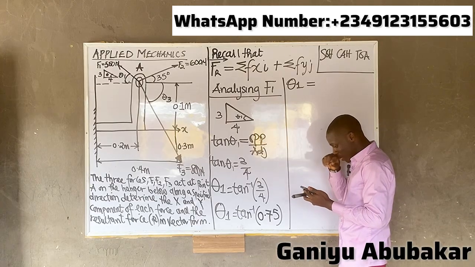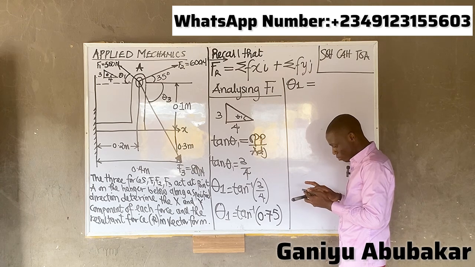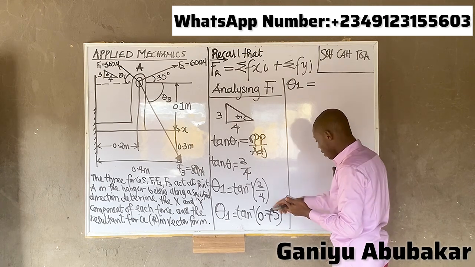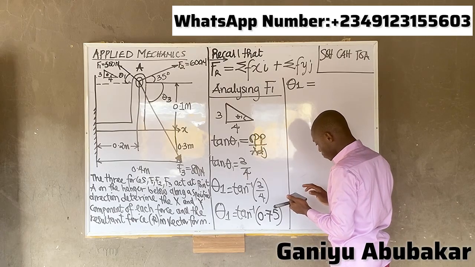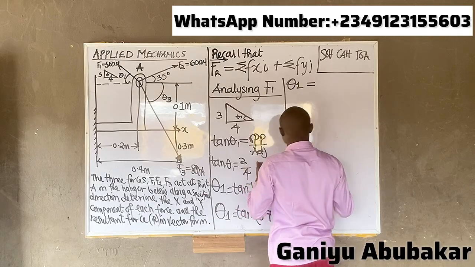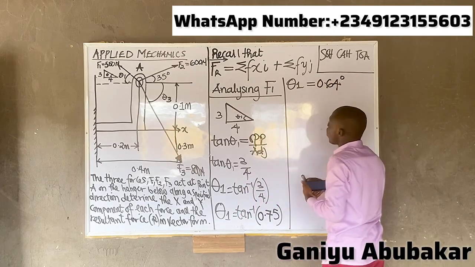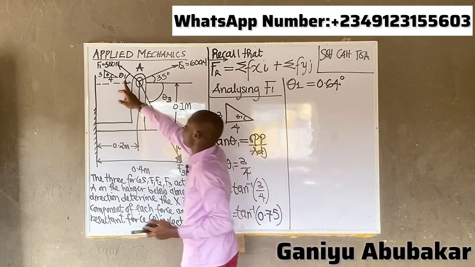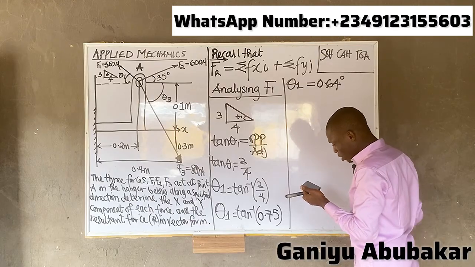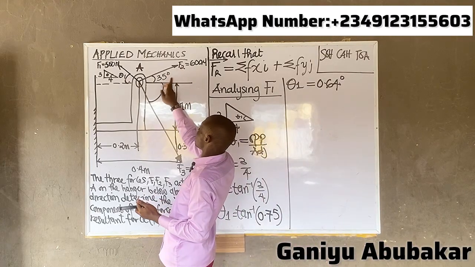Tan inverse of 0.75 gives about 0.64 degrees. So I'm saying that theta 1 here gives 0.64 degrees, right? So I've gotten theta 1 here. So it means that I know F2, theta 2.